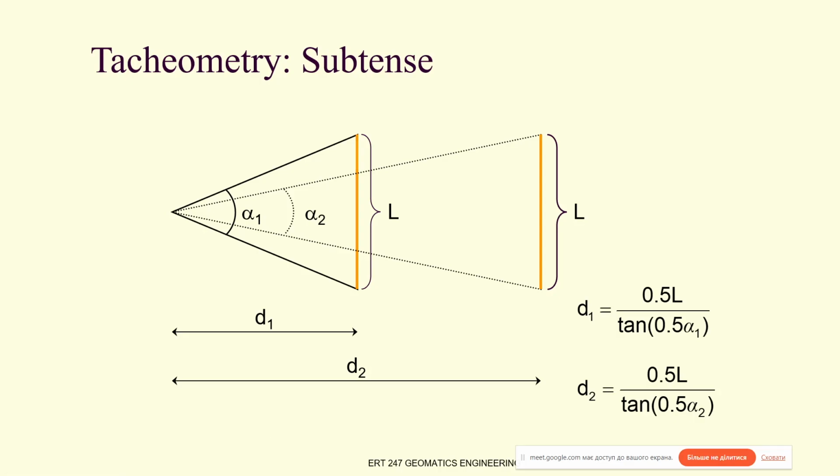Here you can see the formulas. L is the size of the subtense bar, and D in every case is 0.5 L divided by the tangent of 0.5 alpha 1 and alpha 2.